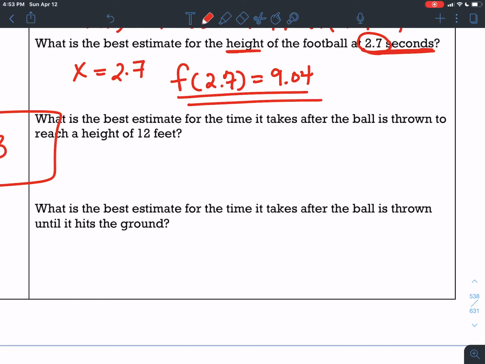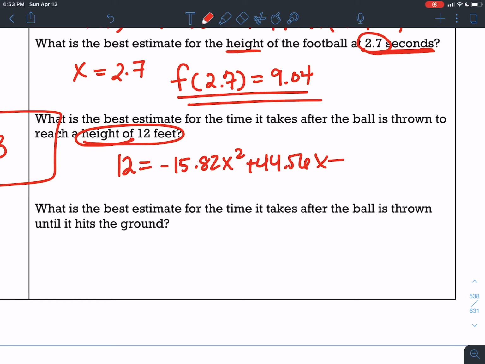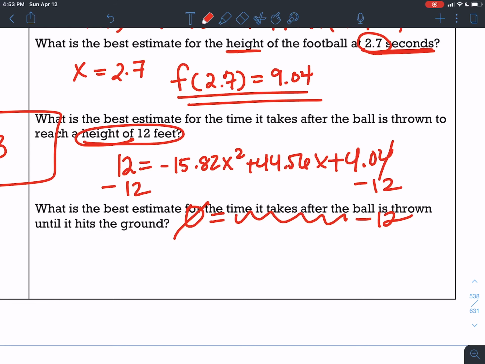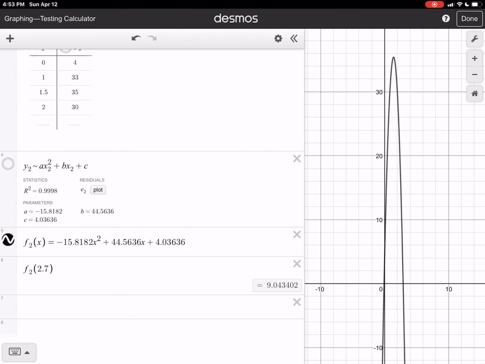All right, next one, height of 12 feet. They want f of x to be equal to 12. So 12 equals the rest of my equation. Well, that's a lot of math, right? So what I could do instead is make it all equal to 0. I'll just move my 12 over, and it'll be all my equation minus that number.